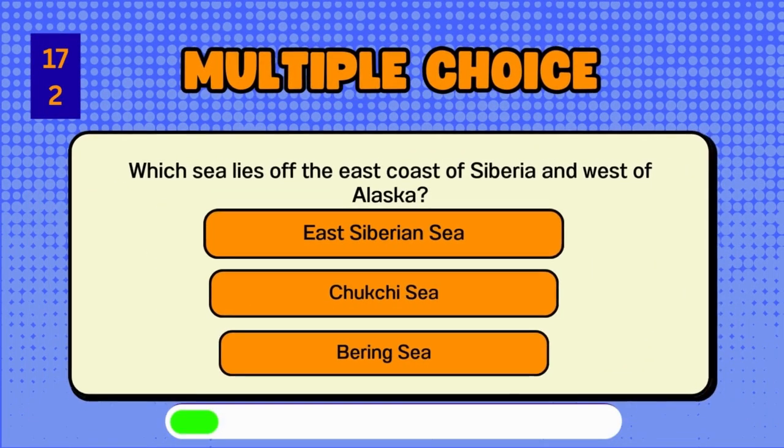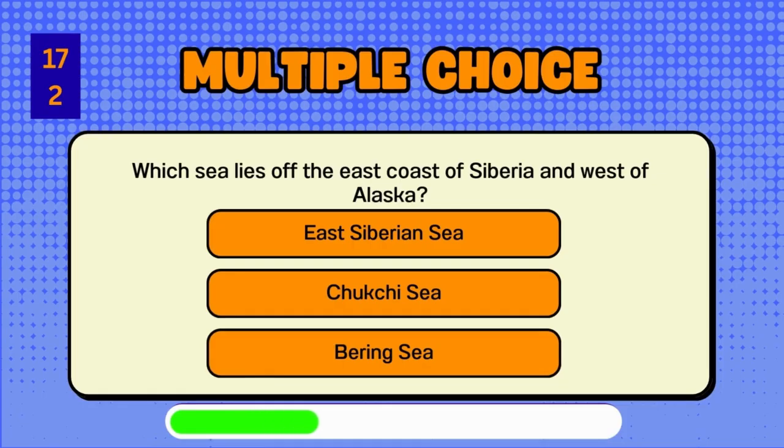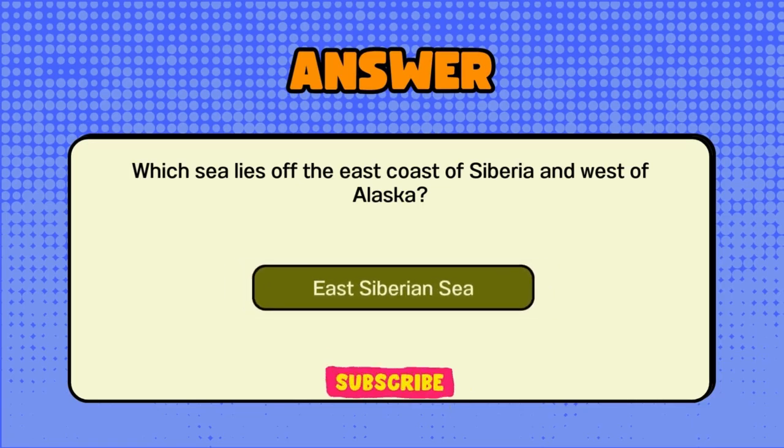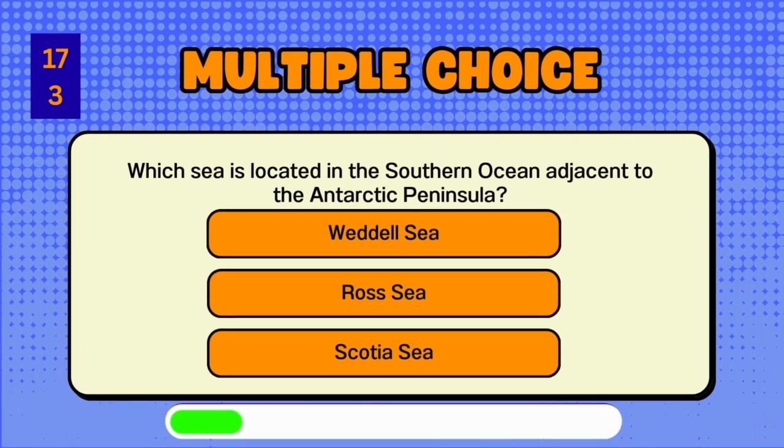Which sea lies off the east coast of Siberia and west of Alaska? Which sea is located in the Southern Ocean adjacent to the Antarctic Peninsula?